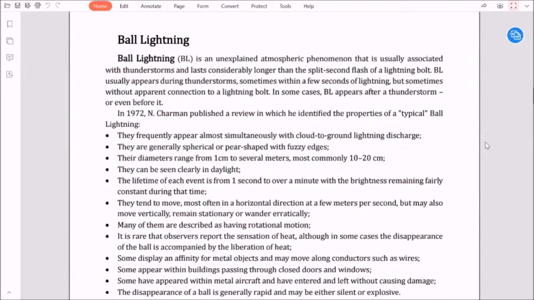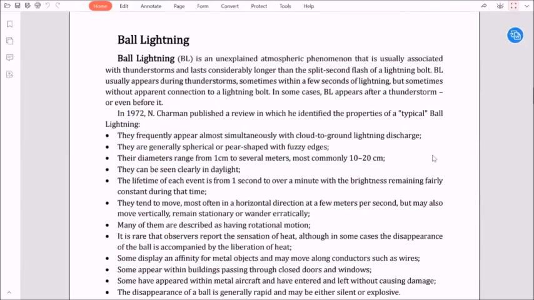The lifetime of each event is from 1 second to over a minute, with the brightness remaining fairly constant during that time. They tend to move most often in horizontal direction at a few meters per second, but may also move vertically, remain stationary, or wander erratically.